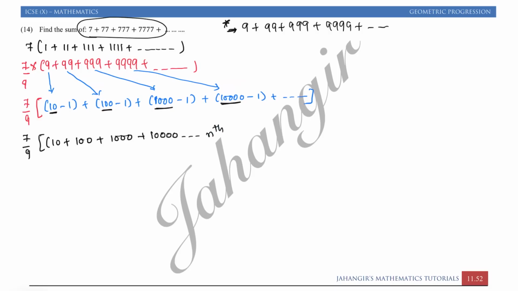Nth term means it can be any number of terms up to n terms. And the minus 1 of each bracket can be written separately. If you take out minus common, you will get 1 plus 1 plus 1 plus 1 up to n terms. Hope you understood this.